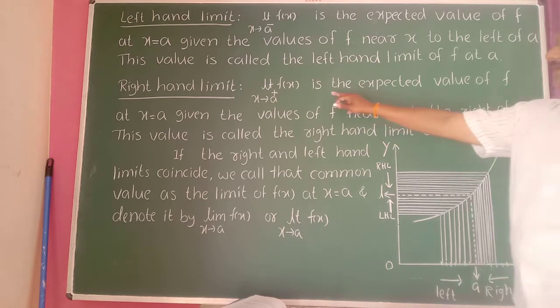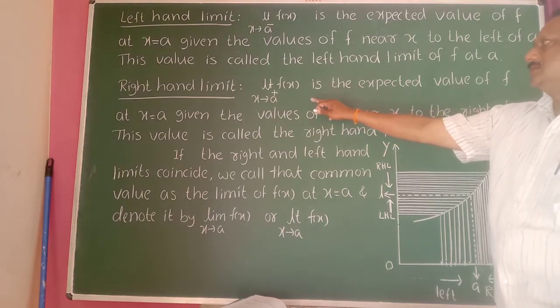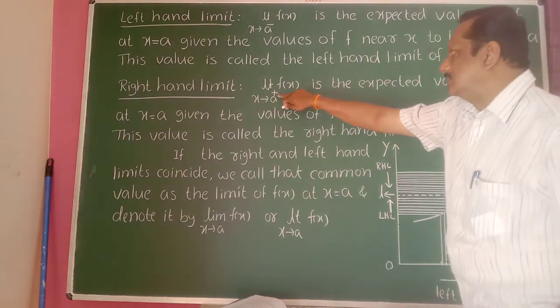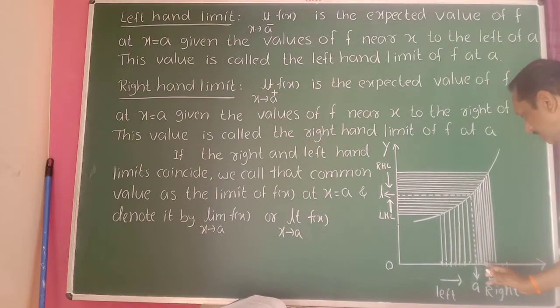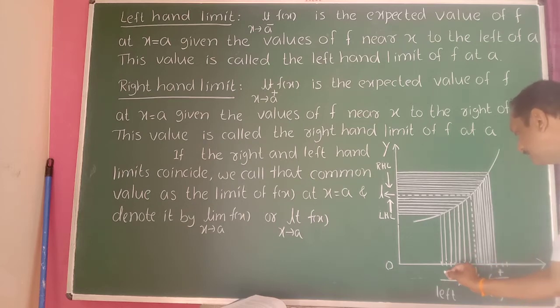Similarly, limit f of x as x tending to A plus indicates you are taking values from the right side. Plus indicates values from the right hand side, minus indicates values from the left hand side.